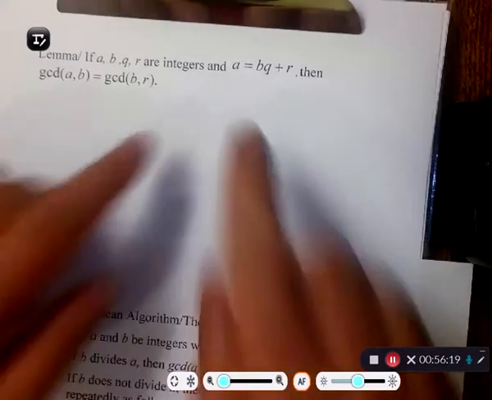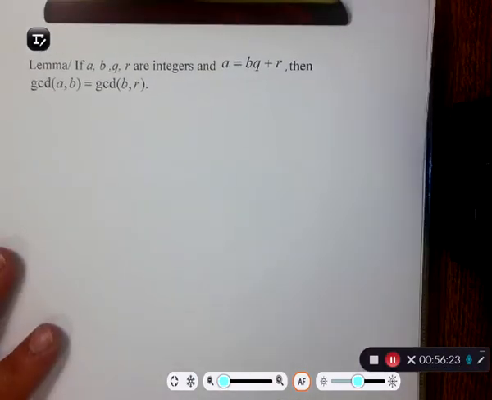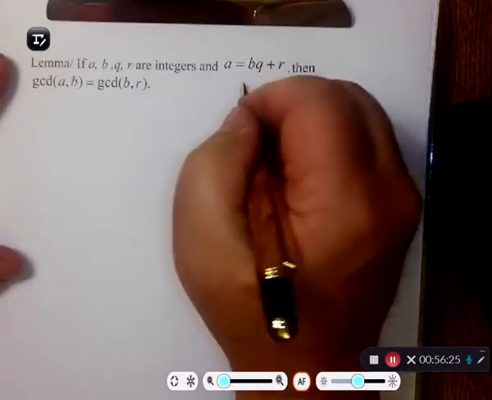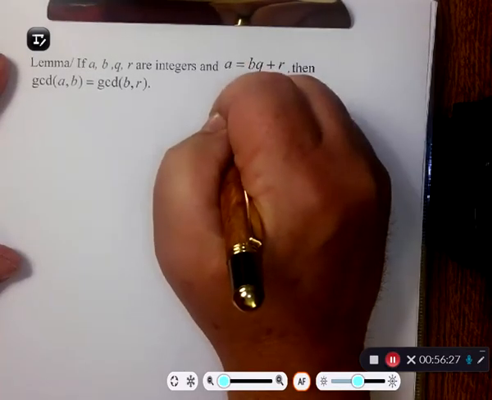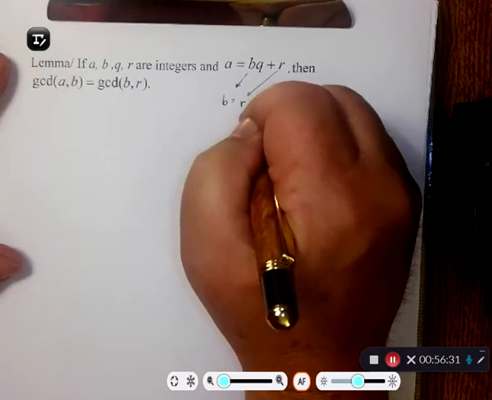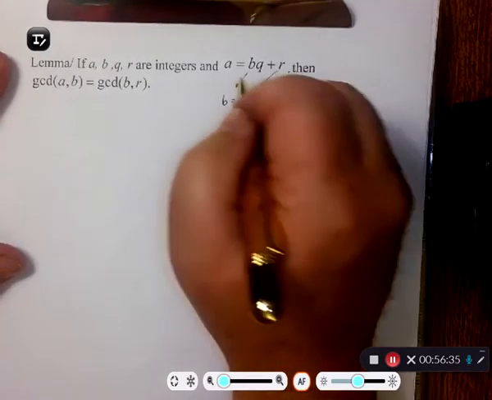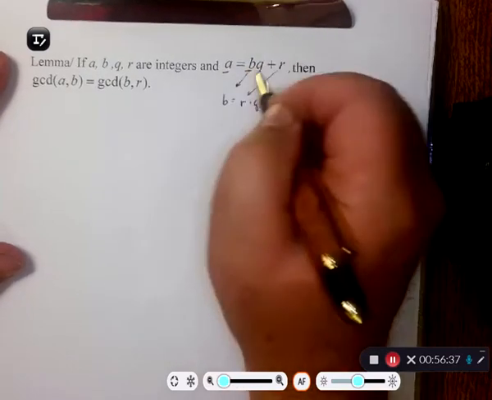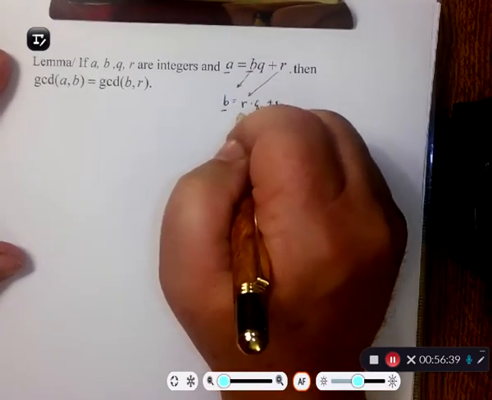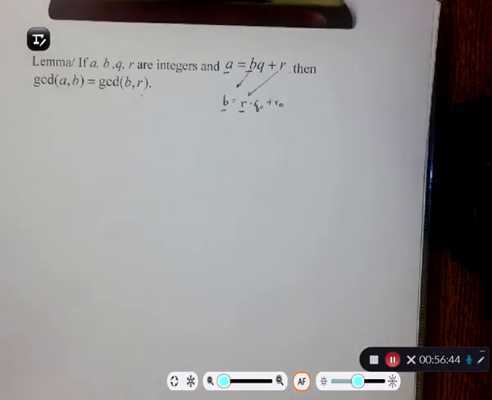As you do the shift thing here, and I'll write that up with your Euclidean algorithm, once you do the shift, the B becomes the dividend, the R becomes the remainder, times the Q naught plus R naught aspect. The GCD of A and B is going to be the same as the GCD of B and R. That's what this theorem is actually telling you. And we call it a lemma because it's not earth-shattering. It's a small theorem. That's the idea. Okay?